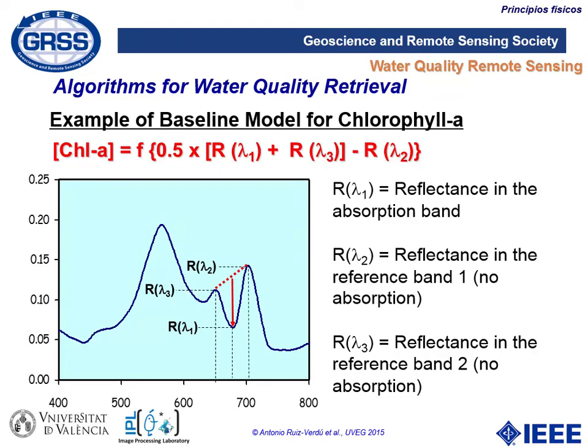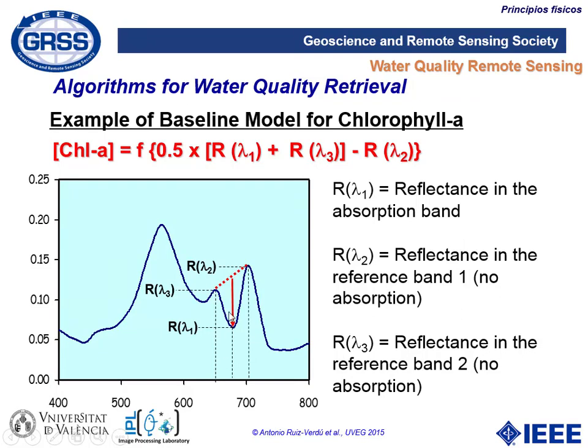In this case, what we show is an example of a baseline model in which it's a similar approach, but we use three wavelengths, two reference wavelengths from which we can trace a baseline, and a third wavelength in which the absorption of the chlorophyll occurs.